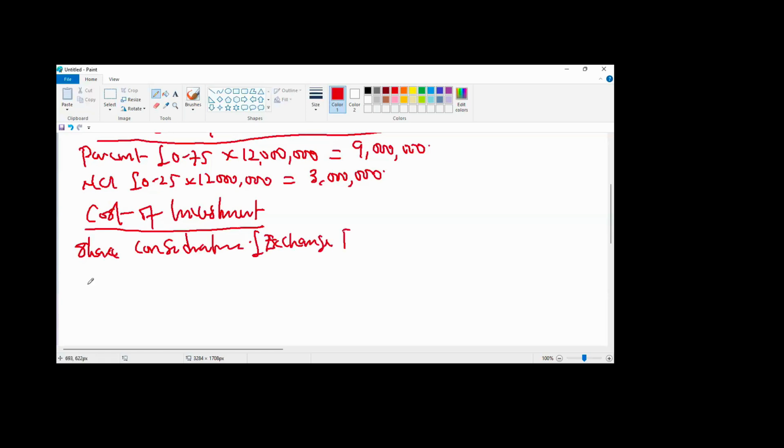So 2/3 times, how many shares does he acquire? 9 million. 2/3 times 9 million gives us 6 million. Don't forget, it must be issued at the market price per share of the parent. I need the market price per share of the parent.